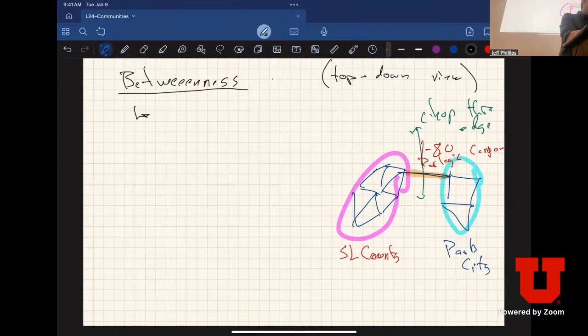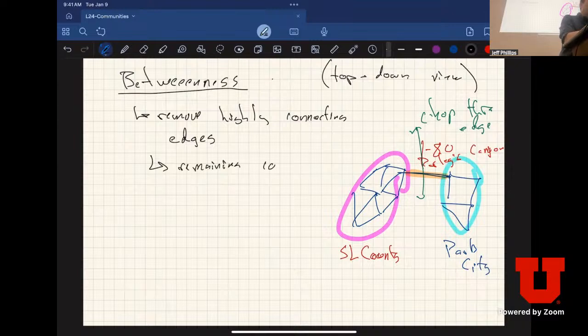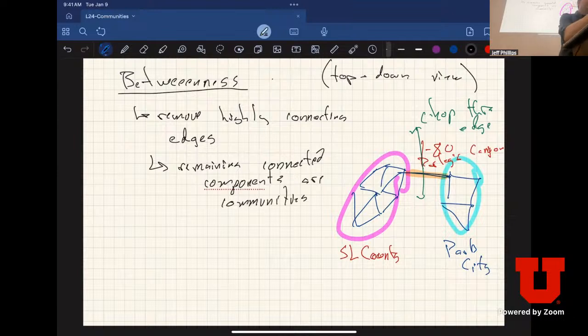So again, the goal is to remove these highly connecting edges, and then the remaining connected components are communities. Okay, and so this particular way of defining it is called betweenness centrality.